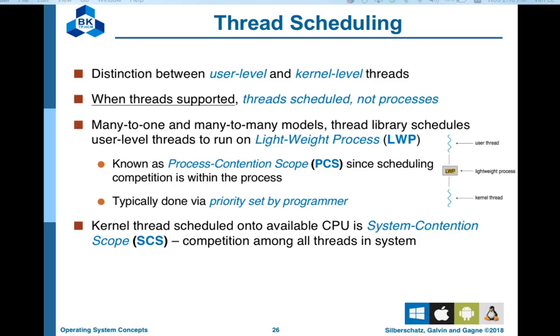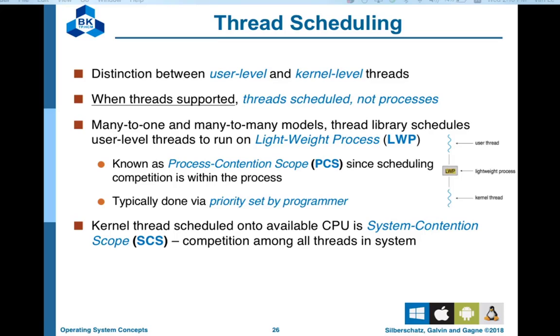In this system, we have the lightweight process. The lightweight process is essentially a virtual processor between the user thread and the kernel thread. This processor is used to execute code and system calls. They communicate between the user and kernel level.